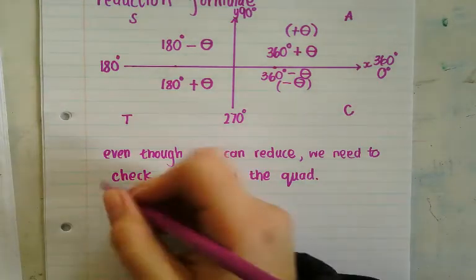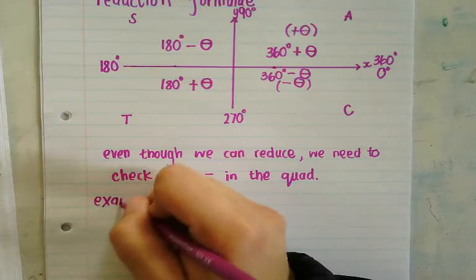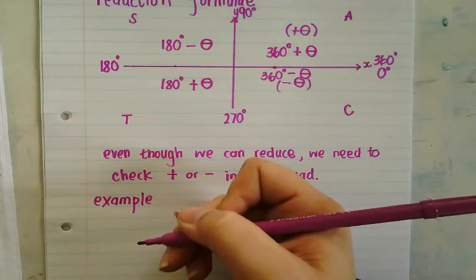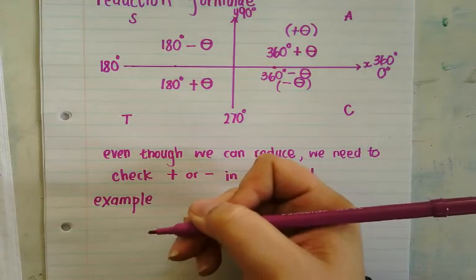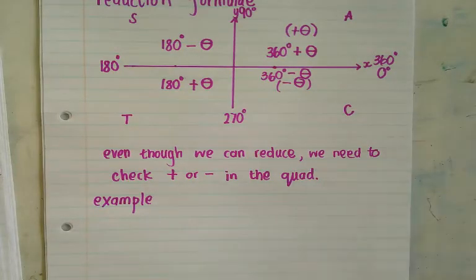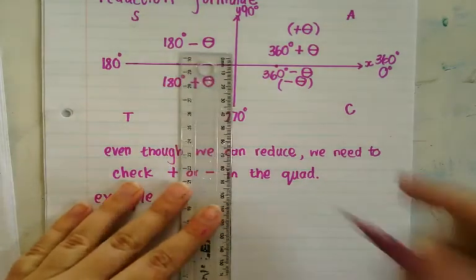So let's do an example. I'm going to take an example that we would reduce in each quadrant. So I'm going to draw a new plane.